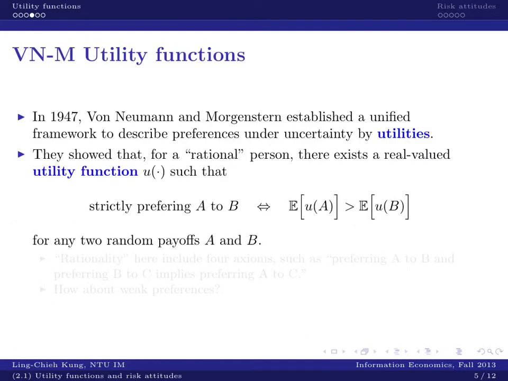One thing they show is that suppose one guy is rational, or he is making decisions using his rationality. Then there exists a real valued utility function, let's call it U, such that given any two random payoffs A and B, like the previous two payoffs, if this guy says he prefers A to B, then that can be translated into a mathematical expression saying that plan A gives a higher expected utility than plan B does.